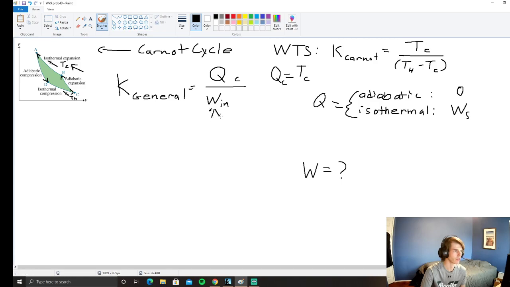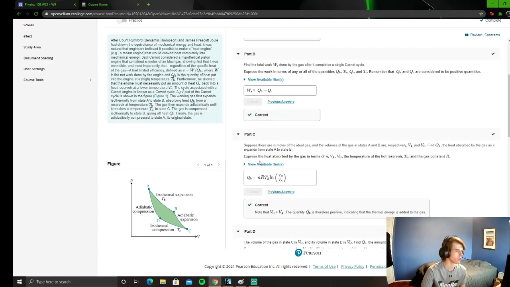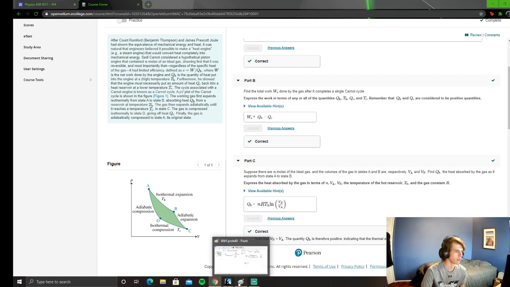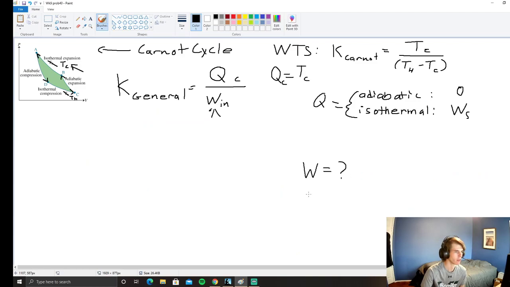Now we want to solve for the work in. On the Mastering Physics, we already have shown that work is equal to QH minus QC. So if we use that, then just write QH minus QC.